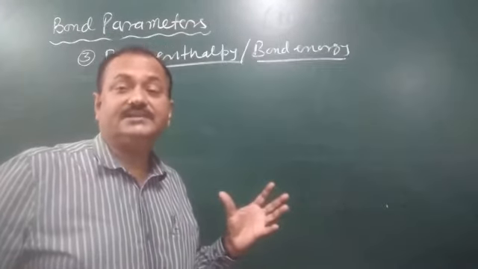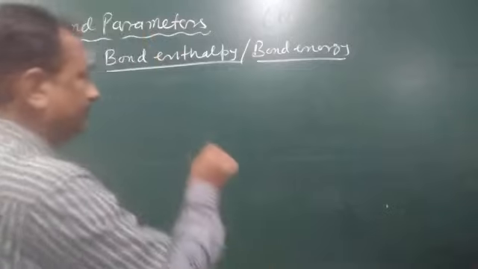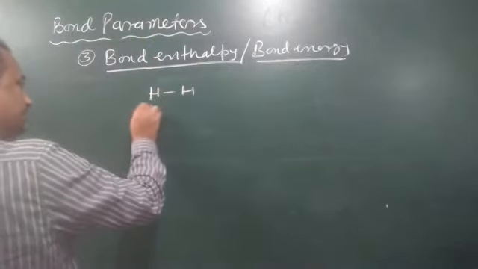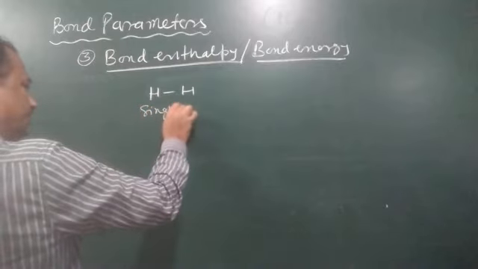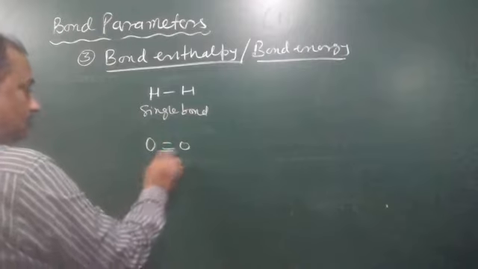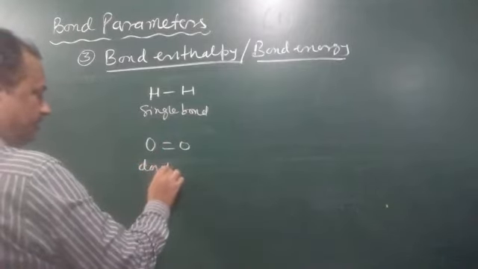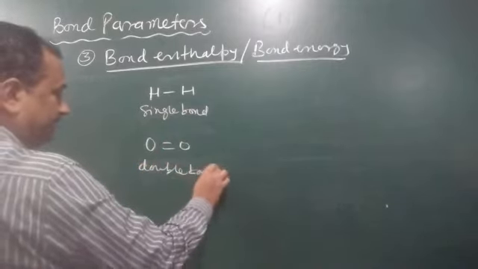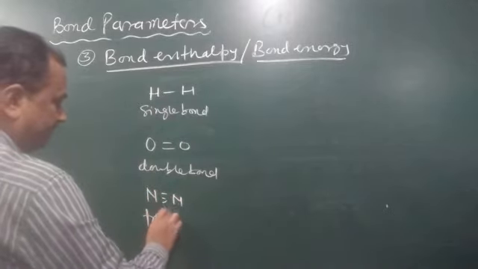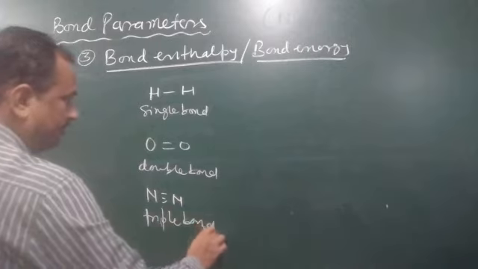Now bond strength is in the following manner. Suppose we have H–H, this is a single bond, O=O is a double bond, and N≡N is a triple bond.